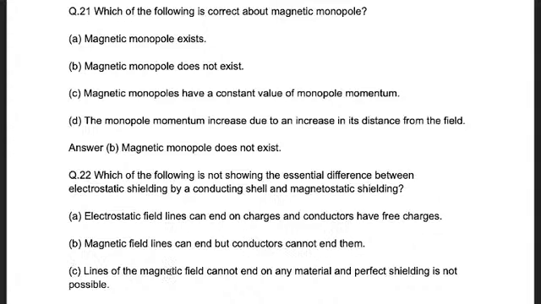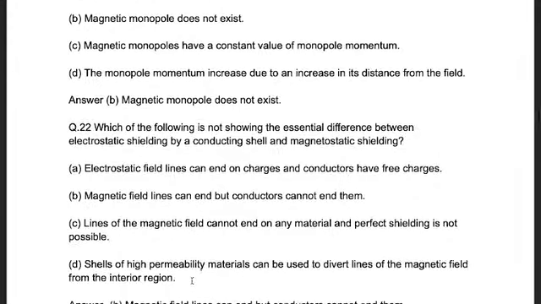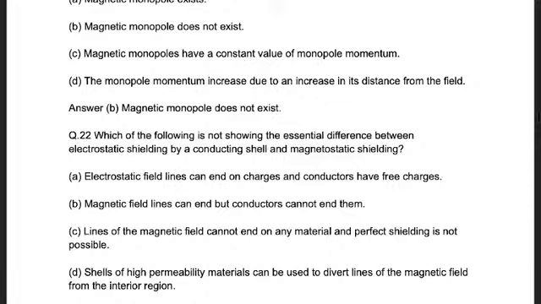C. The lines of magnetic field cannot end on any material and perfect shielding is not possible. D. Shells of high permeability materials can be used to divert lines of magnetic field from the interior regions. Correct. Your answer is B. Magnetic field lines can end but conductors cannot end them.